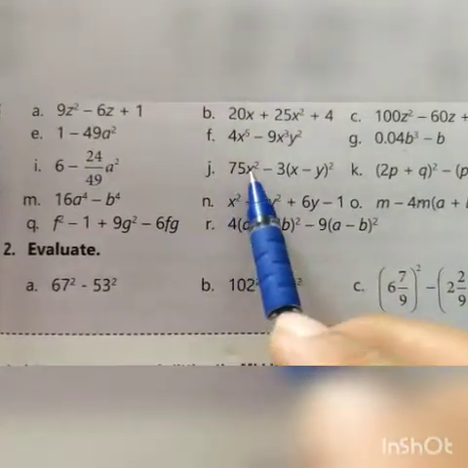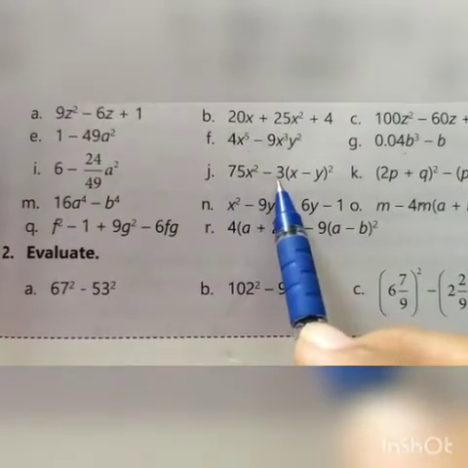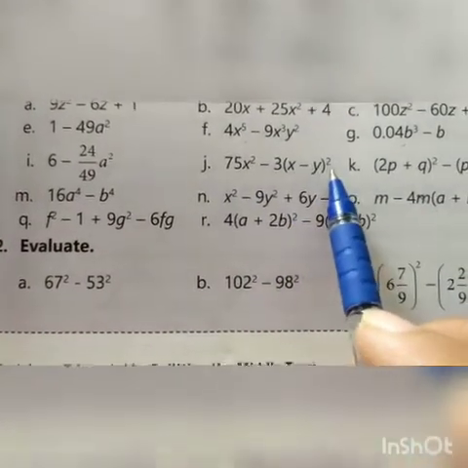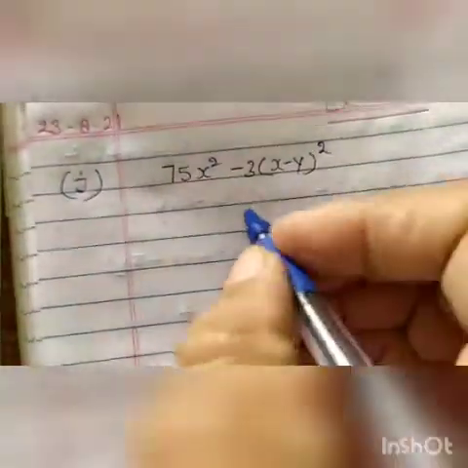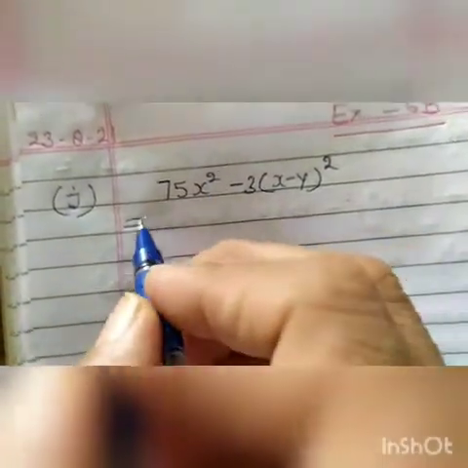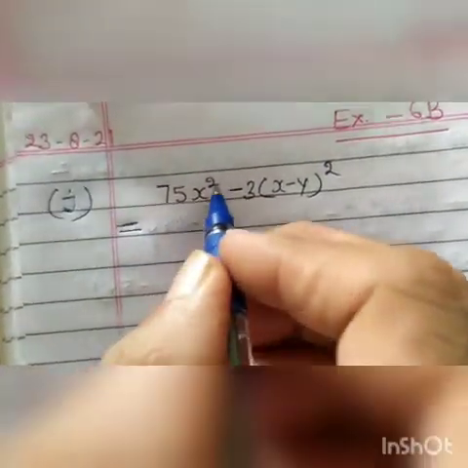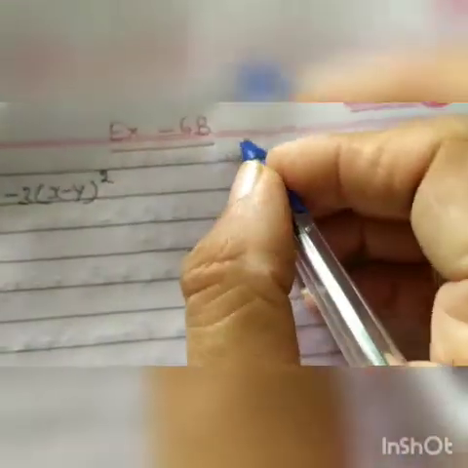J is 75x square minus 3 into x minus y whole square. Let us see how we can solve it. See students, here this 75x square, let me write first all three identities here.